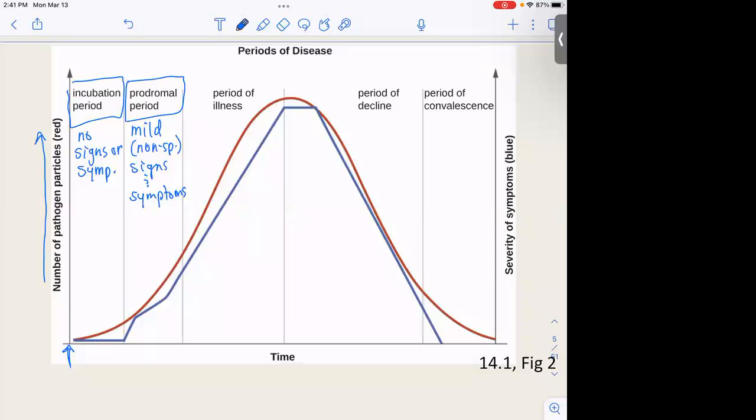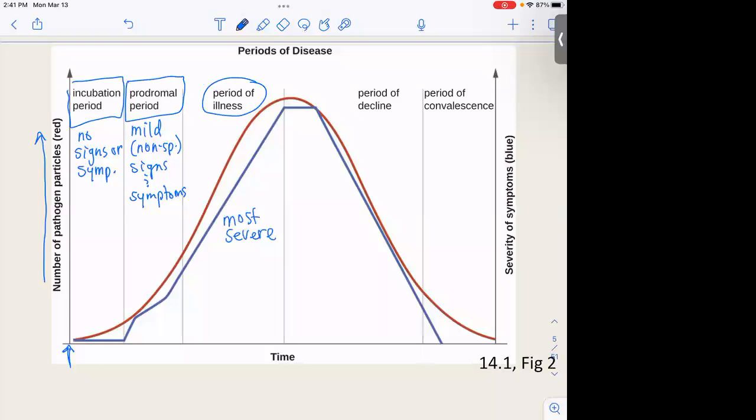And then as the pathogen is replicating, the host is going to start to feel more signs and symptoms. The most severe signs and symptoms are during what we would call the illness stage. And that might kill the host, and that would be the end of the infection.